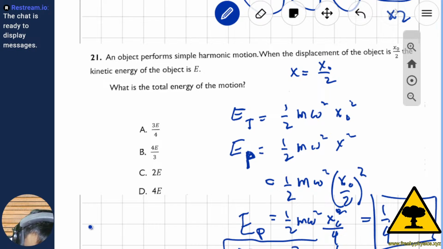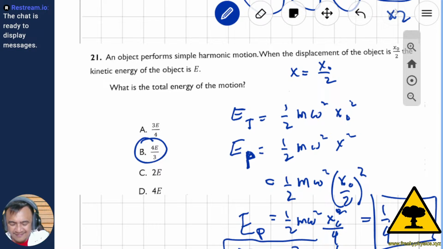So from here, the EK is 3/4 of the energy. I think that's it. Total energy is therefore 4/3 E. I think that's correct.